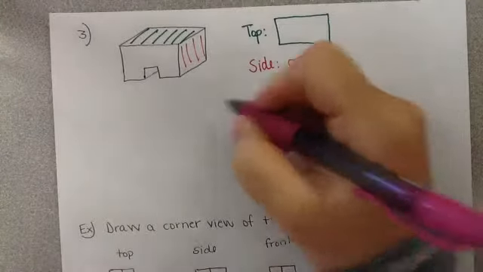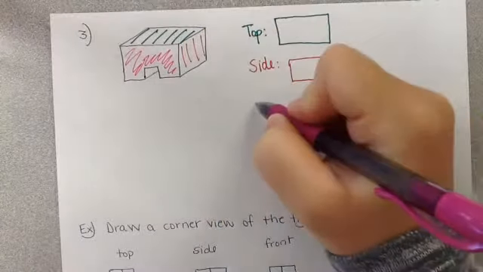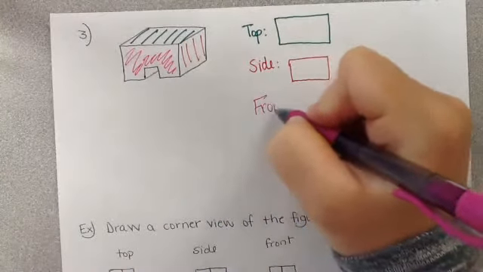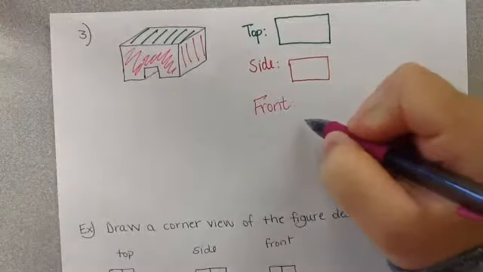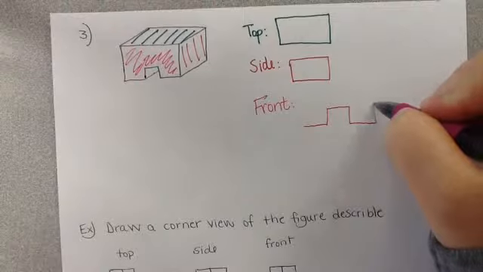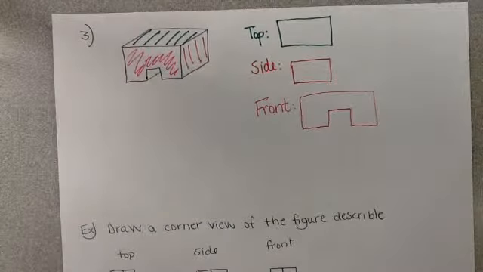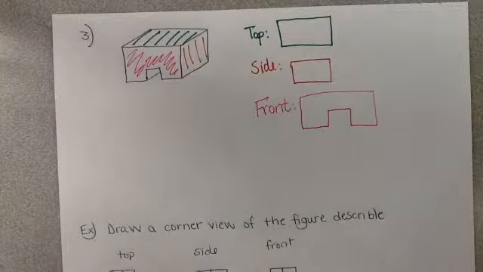The front then would be this piece right here. So if you were to flip this and look at it just from the front, you should have a figure here. So imagine that you were holding these objects looking from the top, the side, and the front.